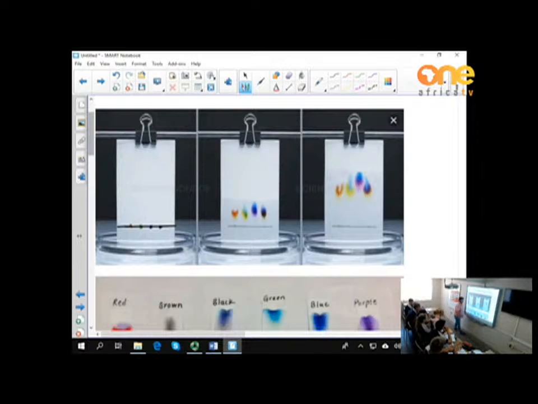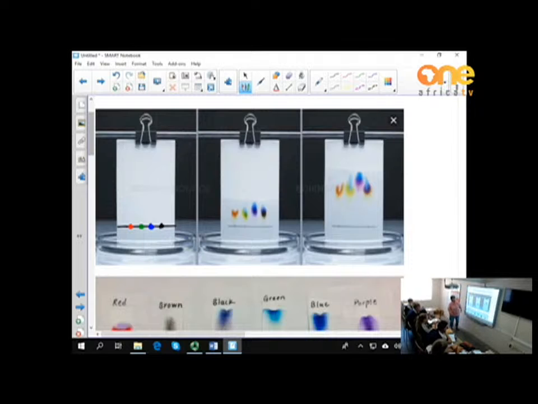Then, on the piece of paper, they've marked a spot with a red marker, or green ink, and blue ink, and black ink. And they leave it. The end of the paper is touching, or just a millimeter or two into the water.